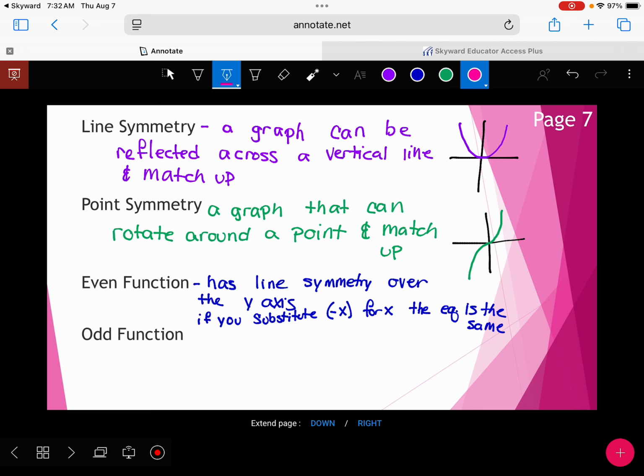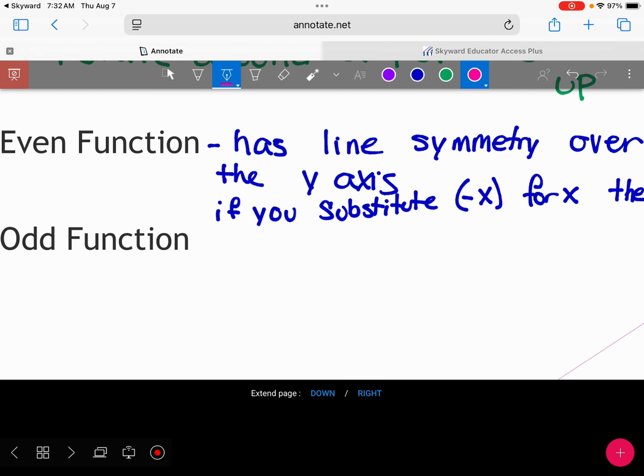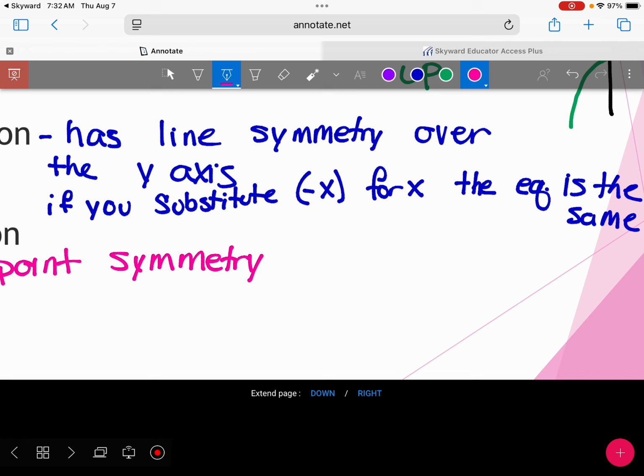And just like even functions are line symmetry, odd functions are a point symmetry specific thing. So an odd function has point symmetry through the origin, so through 0, 0. It has to go through 0, 0 to be an odd function.